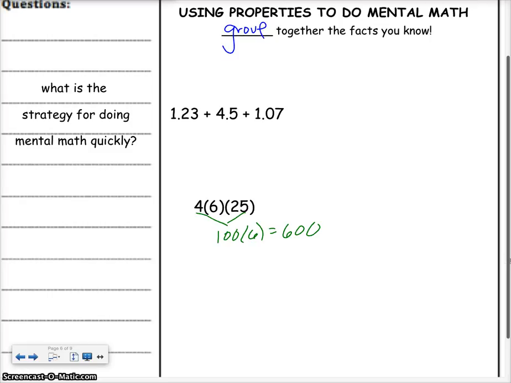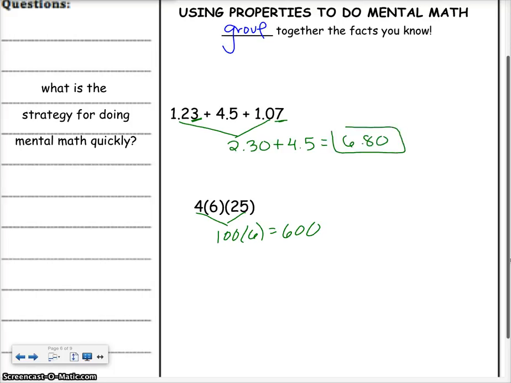Same strategy here, except the decimal is just a little weird. But if you notice the 7 and the 3, they're compatible because I can turn it where it ends in a 0. So 1.23 and 1.07 is 2.3. Plus 4.5 is what? 6.80.